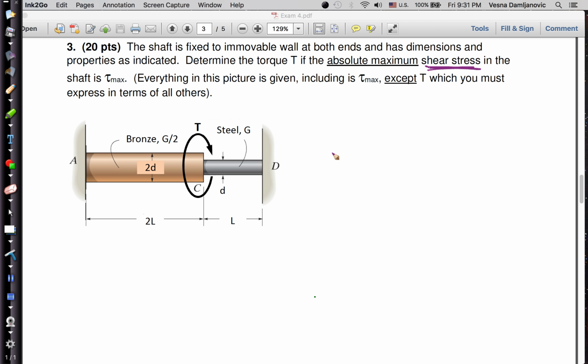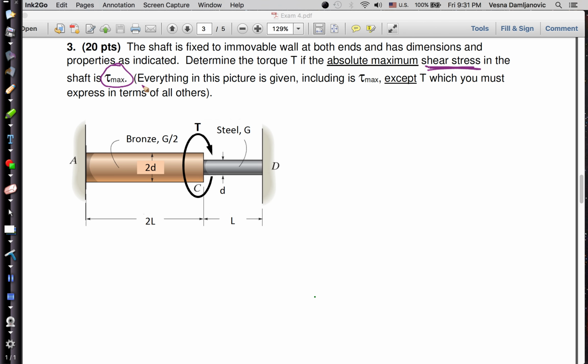Okay. Shear stress in the shaft is Tmax. Basically, I'm telling you that wherever on this entire shaft you have the maximum shear stress, it will be equal to this number. When you're given that the shear stress in the shaft is Tmax, that means it's given information, 35 something, okay?